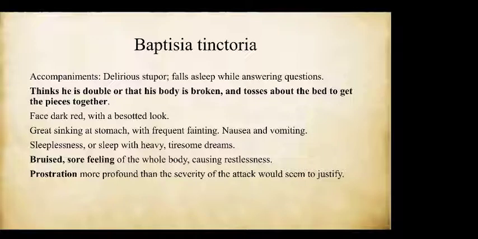Thinks he is double or that his body is broken and tosses about the bed to get the pieces together. And below that, you find a few other things, and at the bottom, two other bold symptoms, bruised, sore feeling, and prostration. And then you notice the word attack of diarrhea.